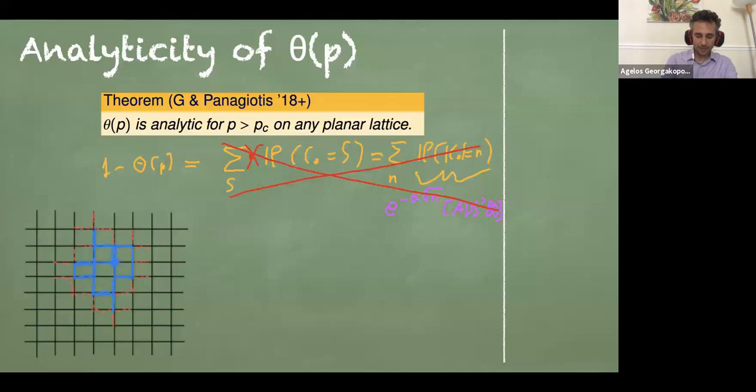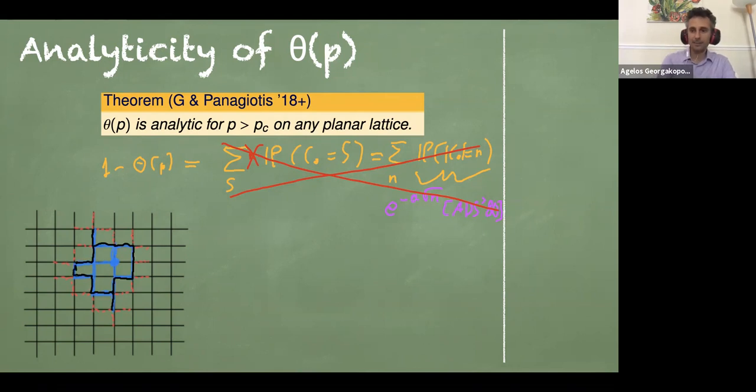Now, let's look at this picture again. This is the cluster of the origin, which we postulate is finite here. It's too big. Let's find something thinner that might decay exponentially. And we will remember the trick from the previous slide. We will look at the interface of the cluster. It's not quite a cycle, but almost.